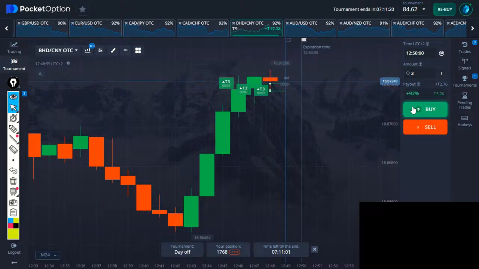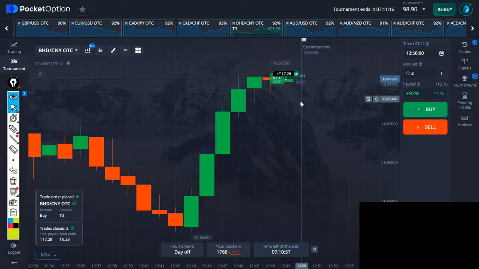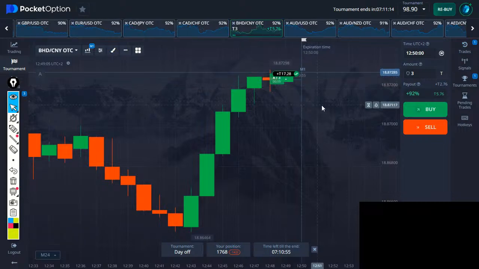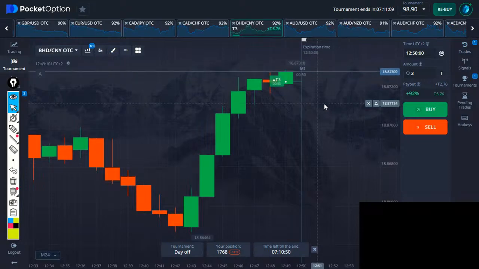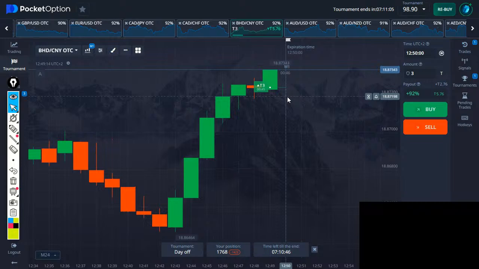Okay. Take this gap. Another buy. Pushing nicely.